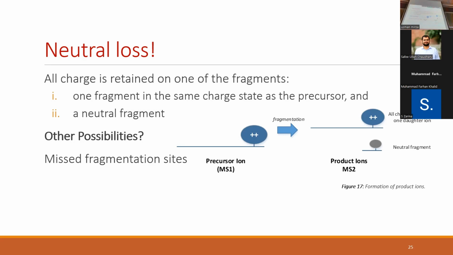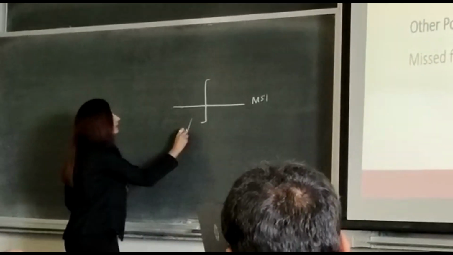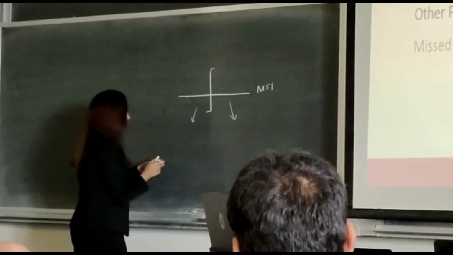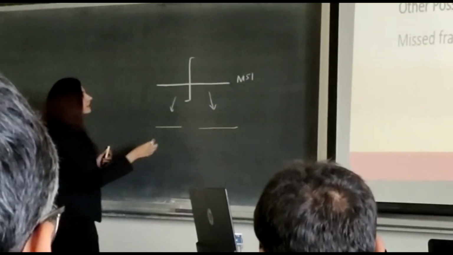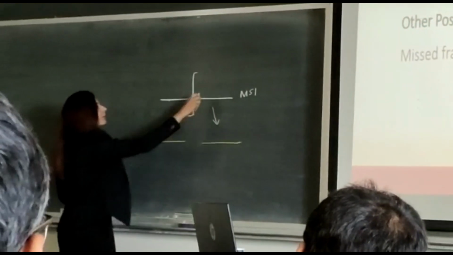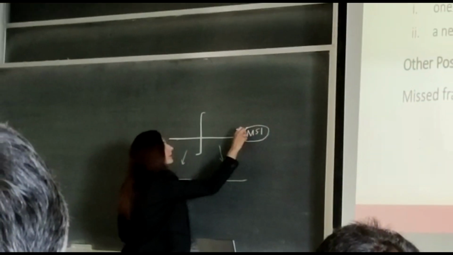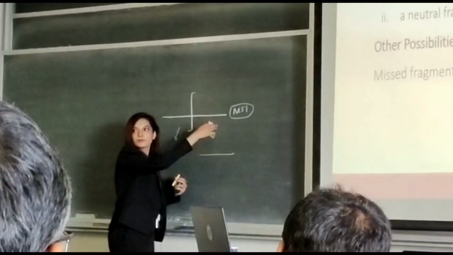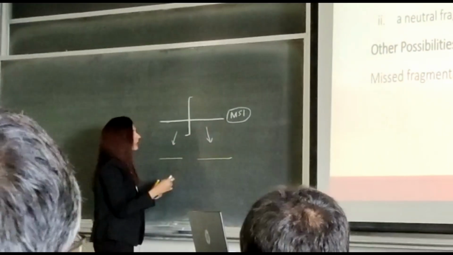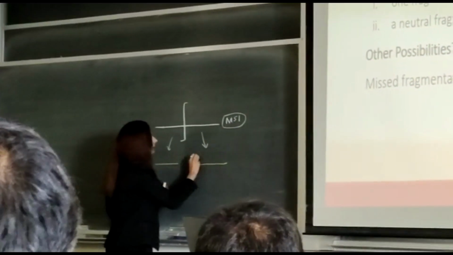The MS1 is the intact protein mass. We have one fragmentation. We have this reported, which is the intact protein mass, which is then separated and fragmented to get the product ion spectra. We have this daughter ion, which is one MS2.